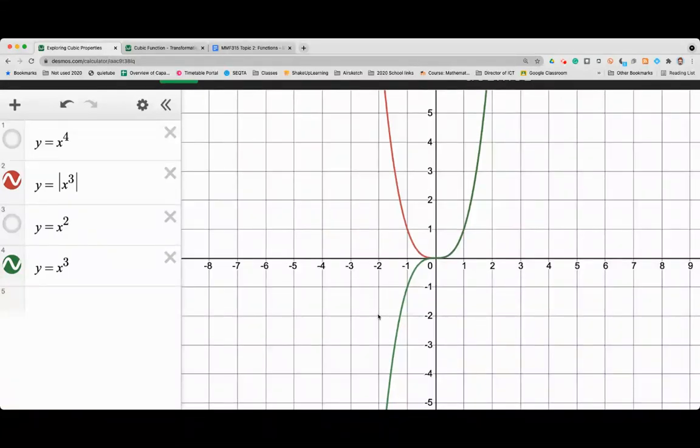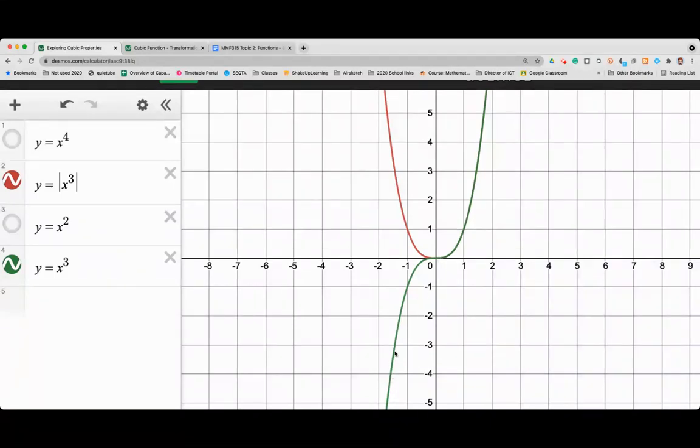I'll just use my mouse cursor here just so it's captured on video. I'm hoping what you can see is that all of these negative values here in red have been reflected, mirrored over the x-axis, so they're down here instead. So this part of the graph is the same, but then from 0, in other words all negative values, it's reflected.